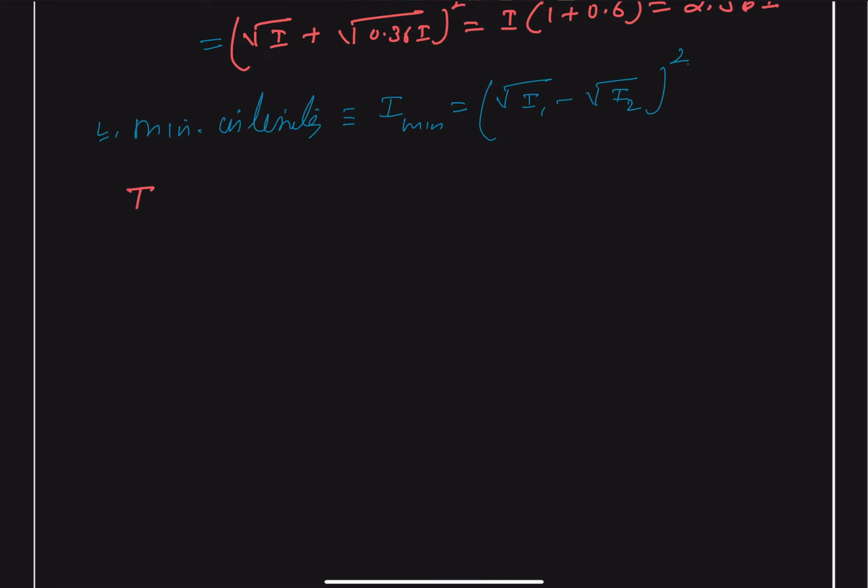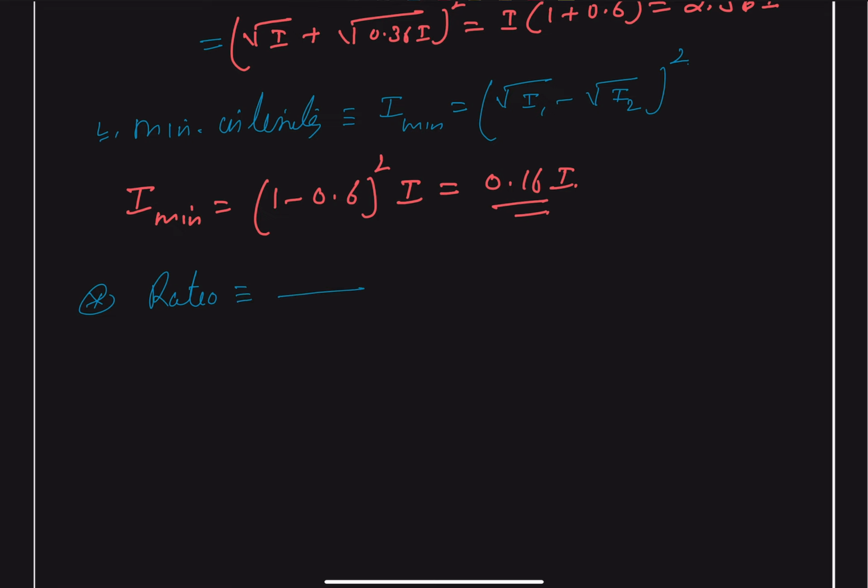Similarly, I minimum will be 1 minus 0.6 whole square times I, giving us 0.16 times I. So the ratio I min to I max will be equal to 0.16 times I over 2.56 times I. I cancels with I, and this comes as 1 upon 16.